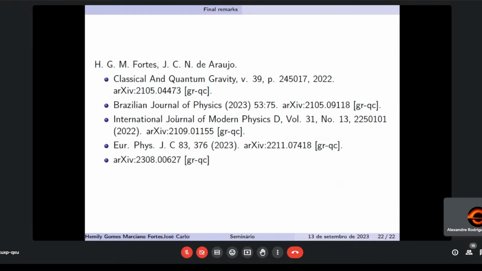So we are doing that, and the work is here on arXiv, and we are working on some other properties and aspects about this theme. And that's it. I would like to thank you.